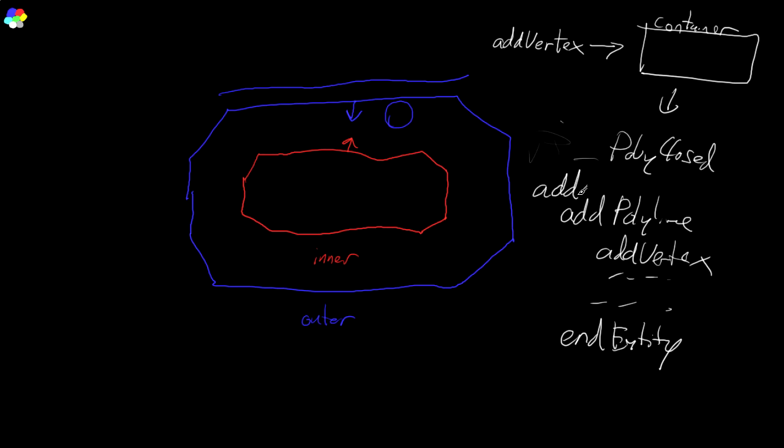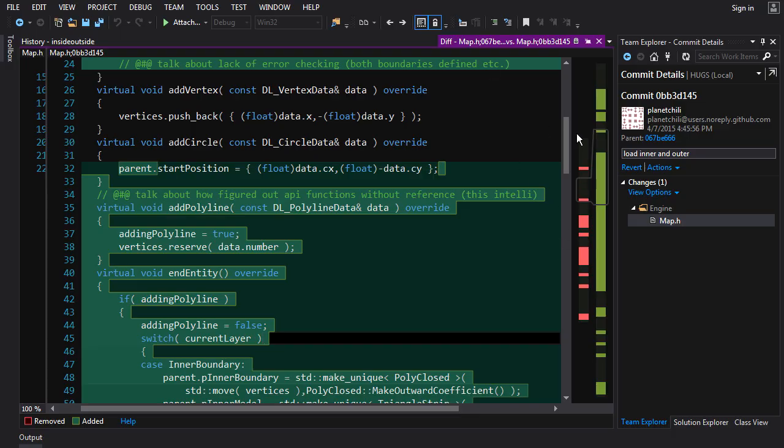I imagined there was going to be an add layer event, and then maybe an end layer or something, and then another add layer, and so forth. Just like polylines are bracketed by add polyline and end entity, I imagined add layer and something else would bracket all of the entities on a certain layer. So, keeping that idea in mind, this is how I messed it up.